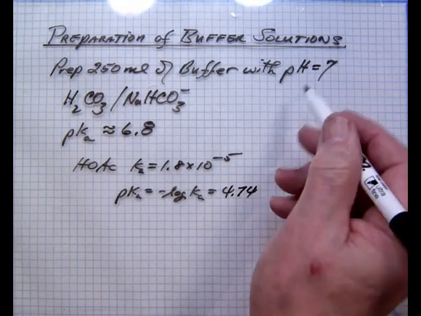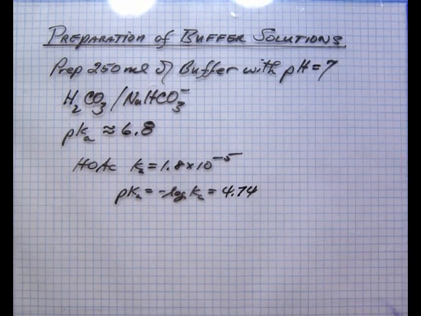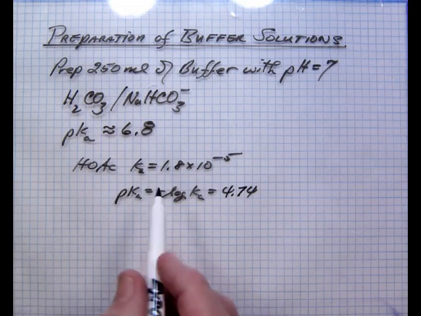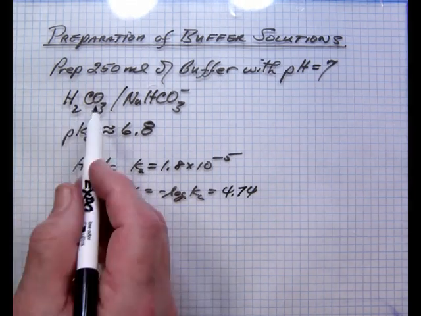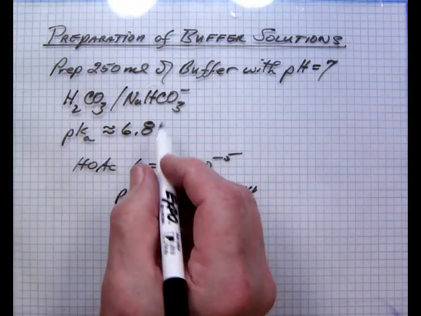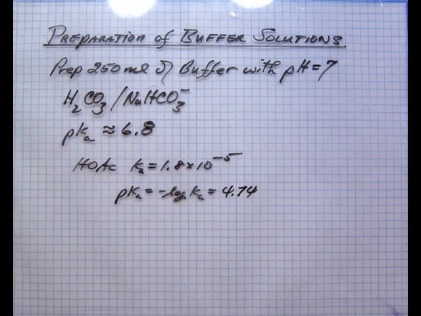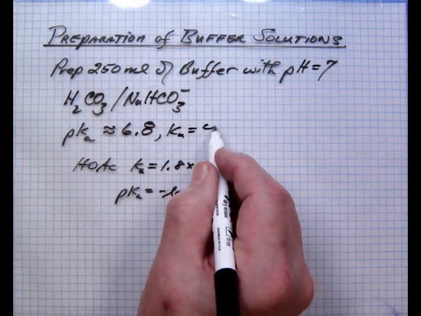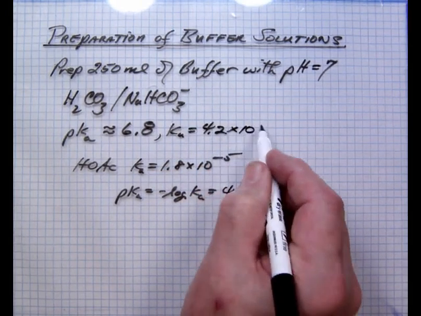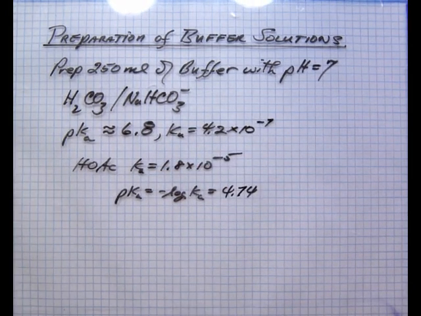So that's not very close to the pH of 7 that you want to prepare your buffer with. So a better choice would be the first ionization step of carbonic acid. And I've got Ka is 4.2 times 10 to the minus 7. So if you want to back calculate it.